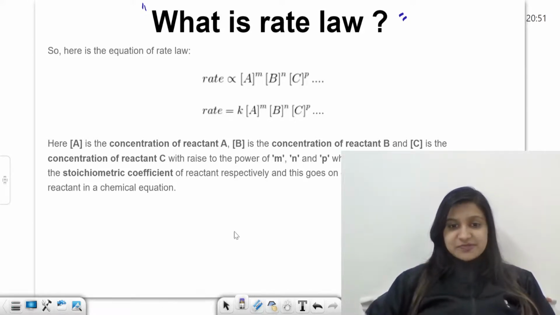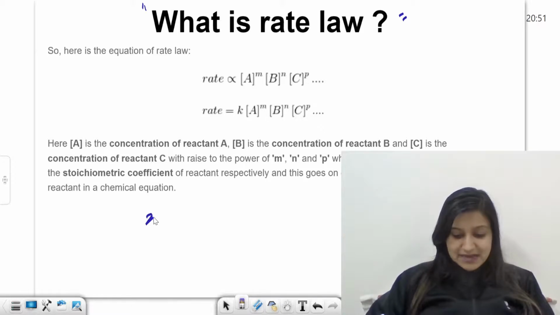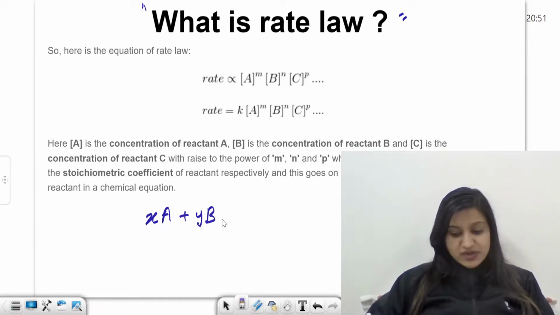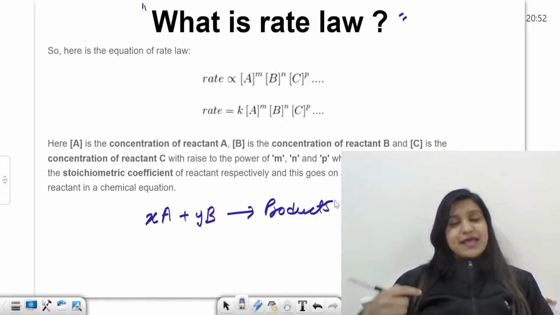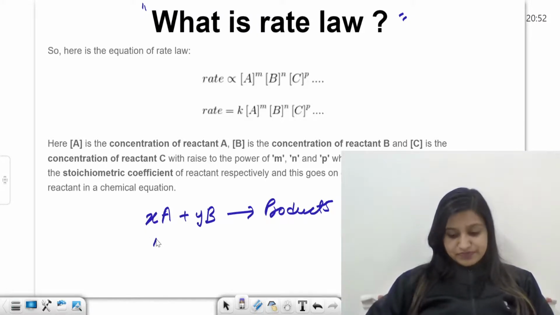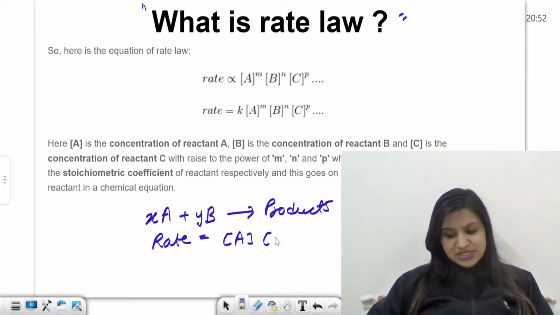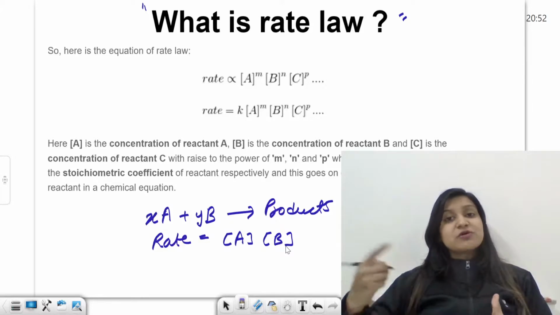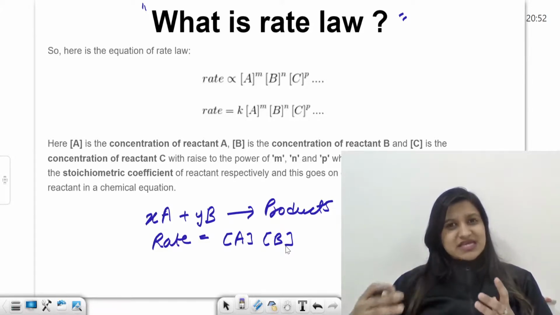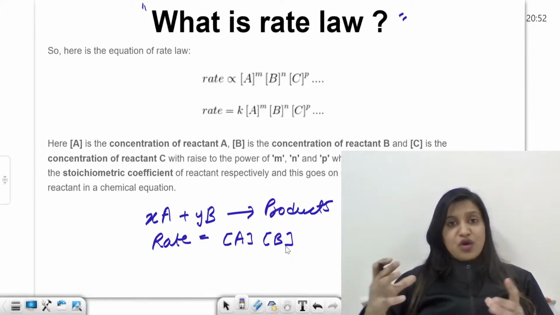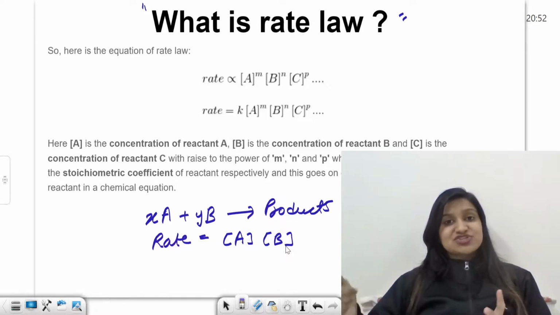Say, let's take the previous example only. The example we had was xA plus yB gives us products. Correct? But now, according to the rate law, this rate comes out to be the multiplication of molar concentrations raised to the power equal to such numbers on which the rate actually depends.